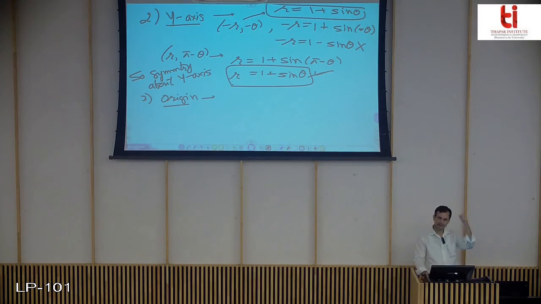Why is it so? As we did in the earlier case, when you have two symmetries, the third symmetry will definitely be there. So if you have symmetry about the origin, and you are doing the calculation correctly, then you have made some mistake while calculating symmetry about the x-axis, because that is also going to be there.